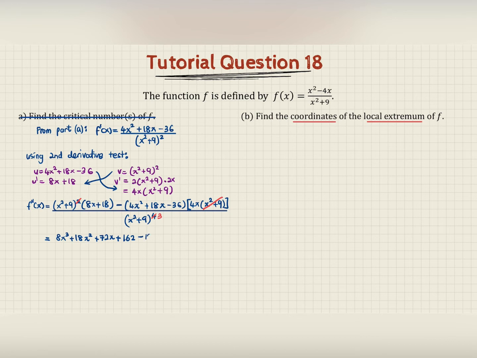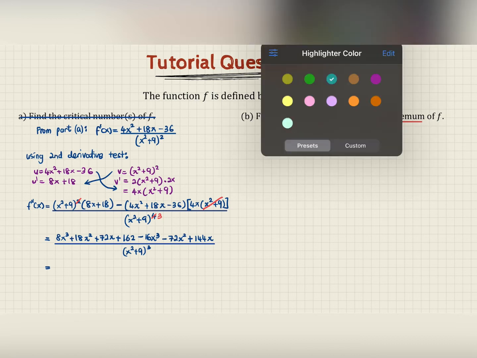So minus 16x cubed, 72x squared, and then negative with positive, 36 times by 4 is 144x. Okay, ni untuk numerator. Denominator kekal x squared plus 9 cubed. Okay, now kita kira lah.